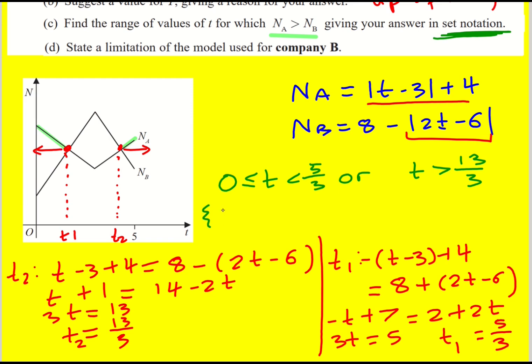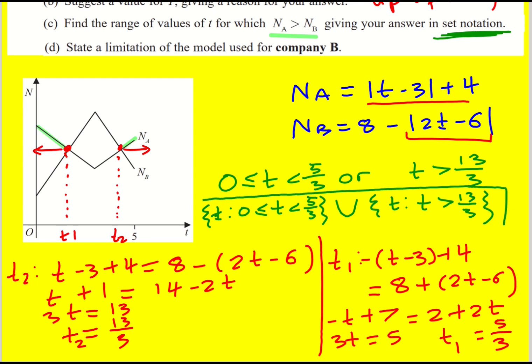So it's actually the set of t such that 0 is less than or equal to t, less than 5 over 3, and then we write the same thing, but instead of or, we use a union. Then the set of t such that t is greater than 13 over 3. Okay, that is our answer.